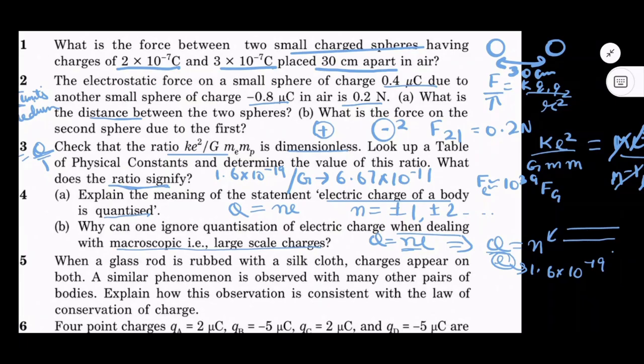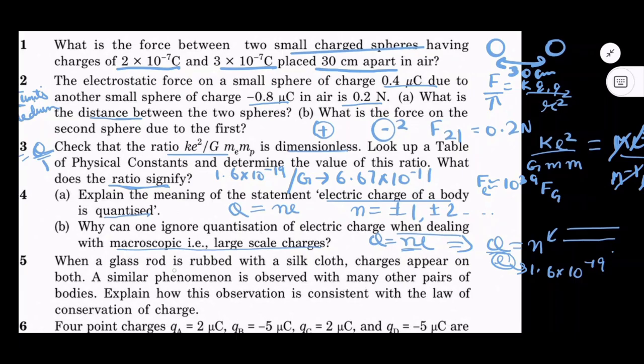So a stage will come when we'll see drops of water. Then we will not consider it to be the macroscopic scale. So this is the analogous meaning. In our daily life we are dealing with everyday circuits or bulk materials, where the total charge passing through the circuit is very large. So there we can ignore this quantization to some extent, right?